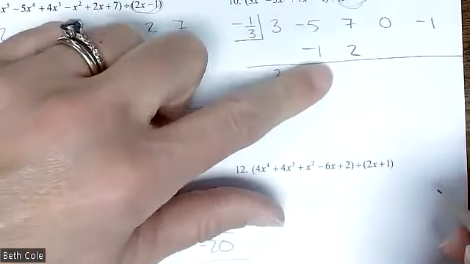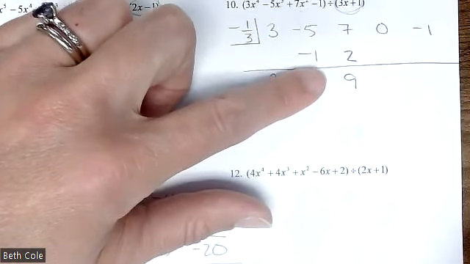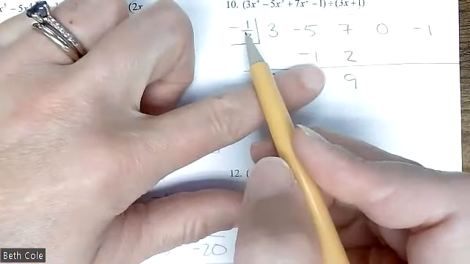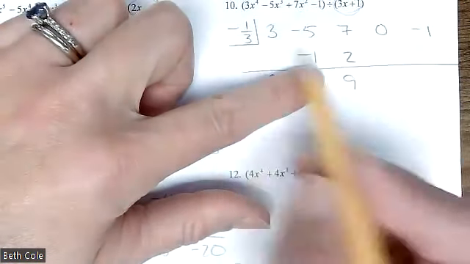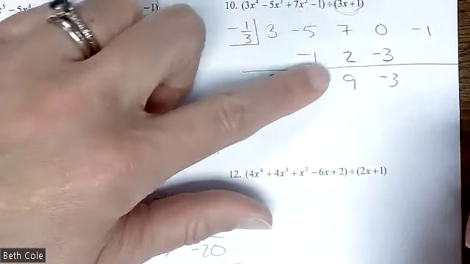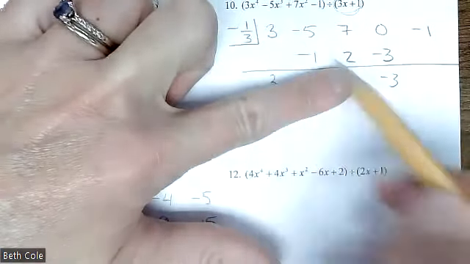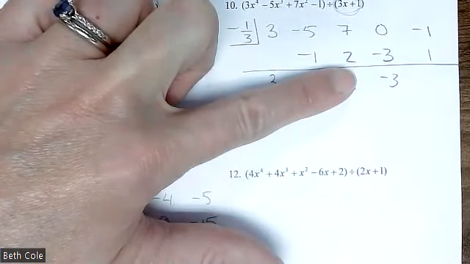Very good. Add the column. All right. -1/3 times 9 is -3. Good. Add the column, you get -3. And then negative a third times negative 3. Negatives cancel. So 1. And this is kind of cool.